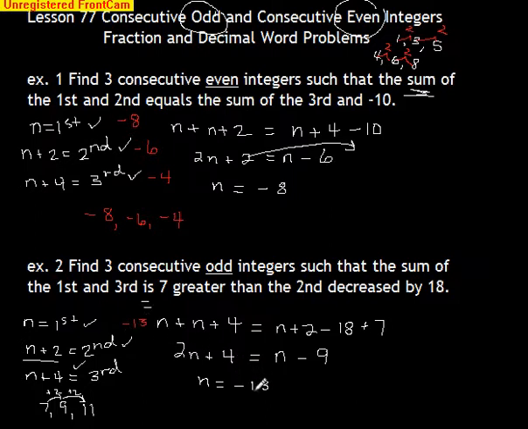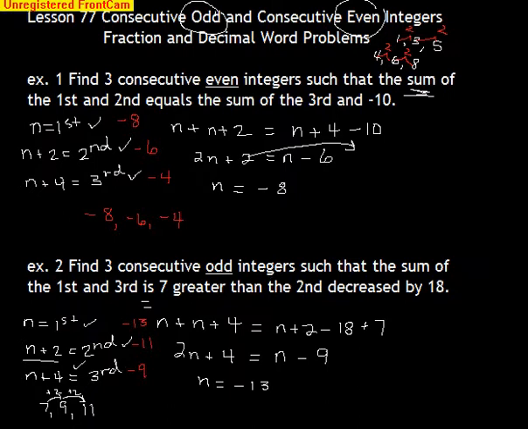We add 2 to negative 13, so it's negative 11. Add 2, and we get negative 9. If you follow along with the words with these numbers, you should get an equal equation. You can always check these by following along with the numbers.